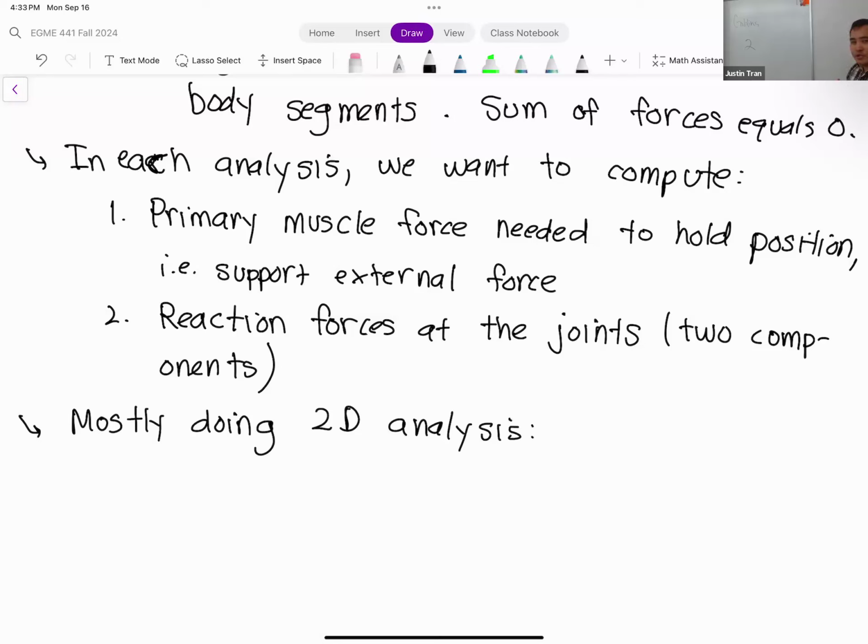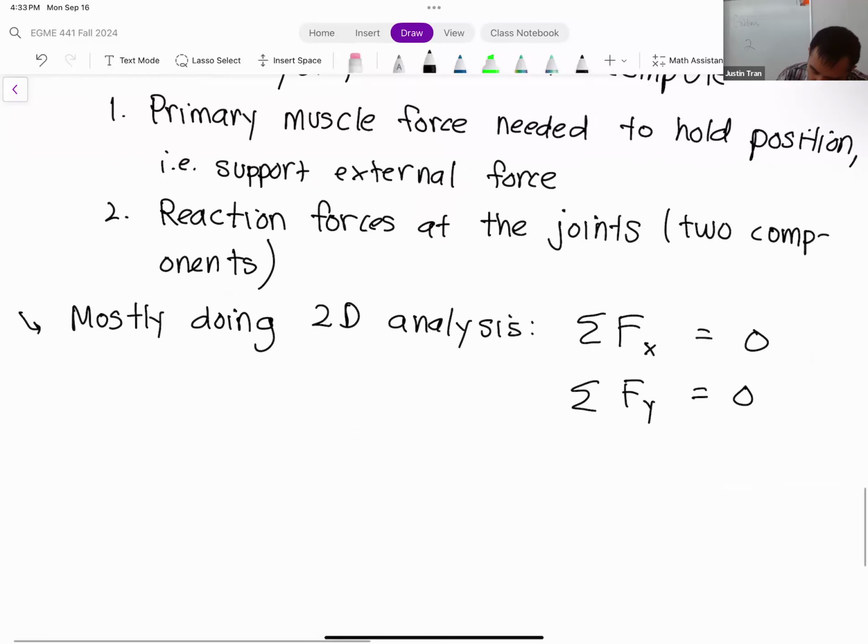And so in 2D analysis on a rigid body, we're limited to 3 governing equations, right? So we have the sum of the forces in the x direction is equal to 0. The sum of the forces in the y direction equal to 0. And we have the sum of the moments around a chosen point. Usually we sum the moments around the joint. That has to equal 0 as well. Okay. So we're going to have 3 equations. And so naturally with 3 equations, we're only going to be able to solve for 3 unknowns.